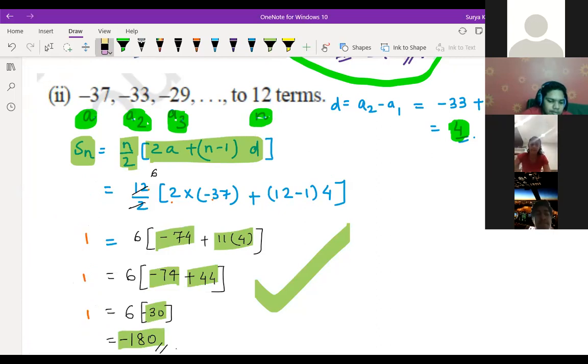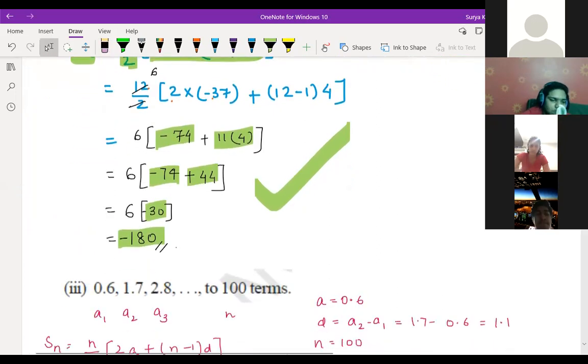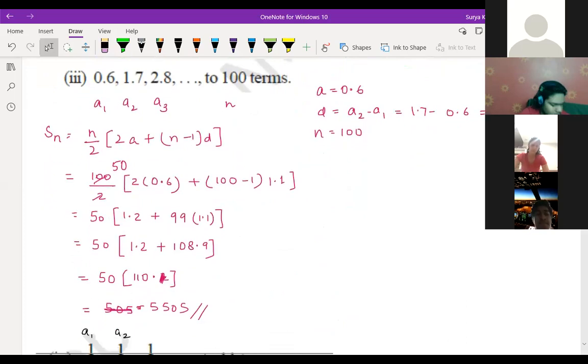So the next question is, see this question. Here A1 is given, A is given, A2 is given, A3 is given, and N is also given, the number of terms.